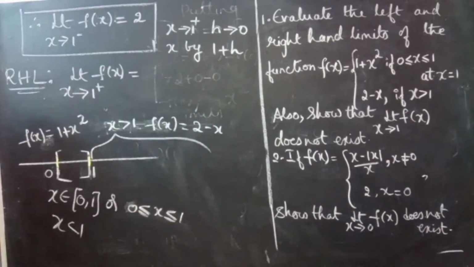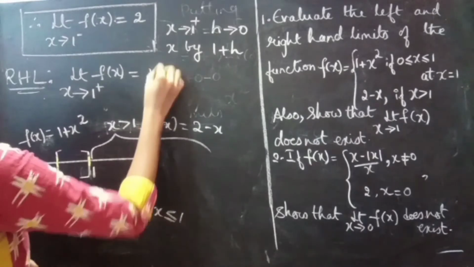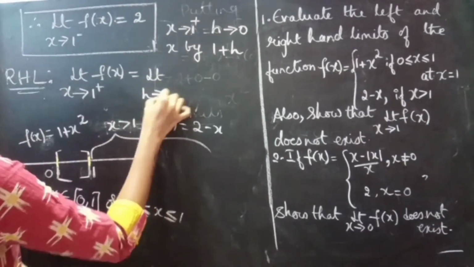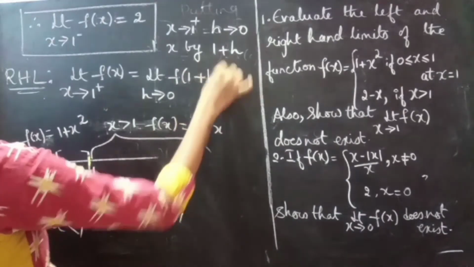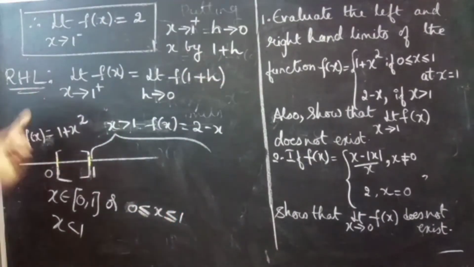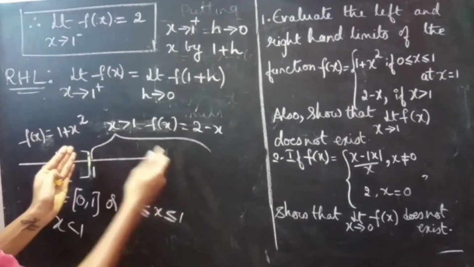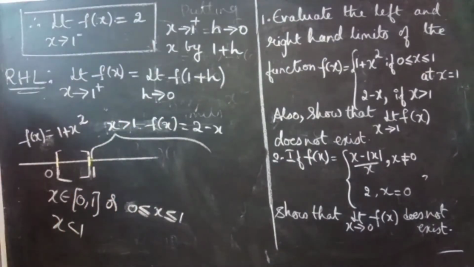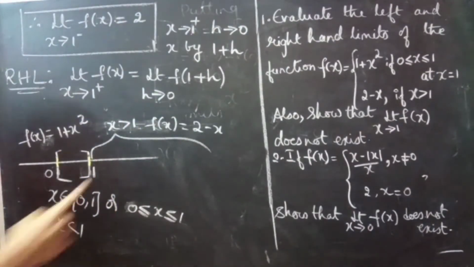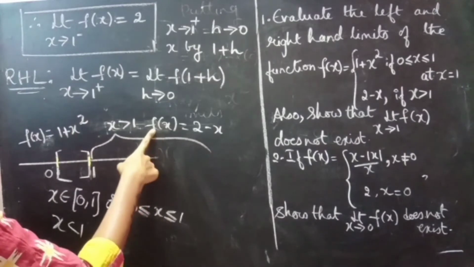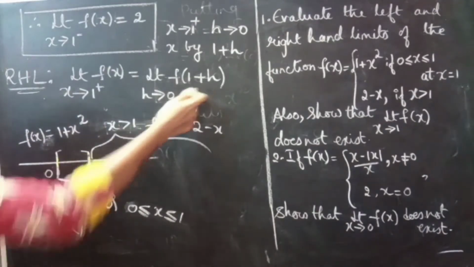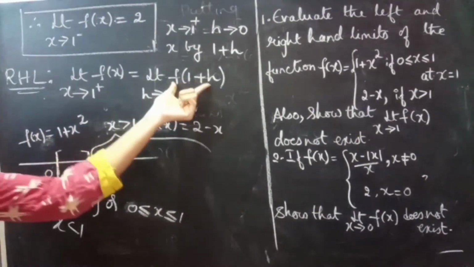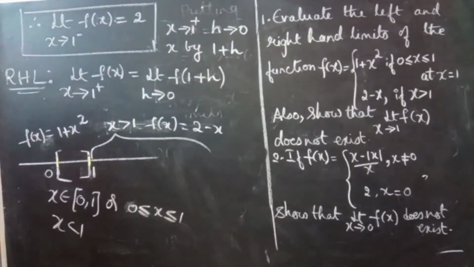So this equals limit h tends to 0 f of 1 plus h. Since this is right hand limit, right of 1, which is for x greater than 1, when x is greater than 1, we have the function f of x equals 2 minus x. So now replace the function with 2 minus x.